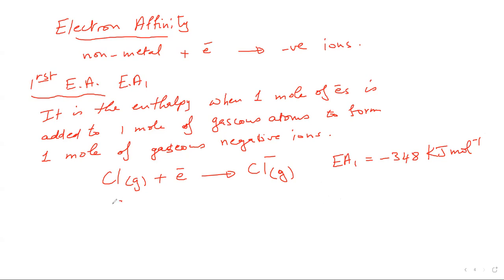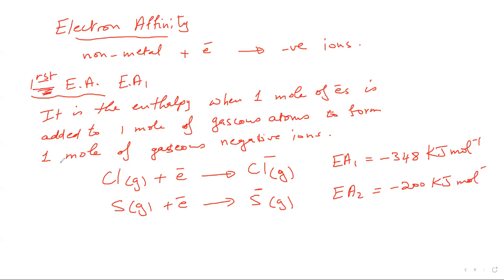And if I have, for example, sulfur in the gas state, it gains an electron to form sulfur ion in the gas state. And this first electron affinity is equal to minus 200 kilojoules per mole.